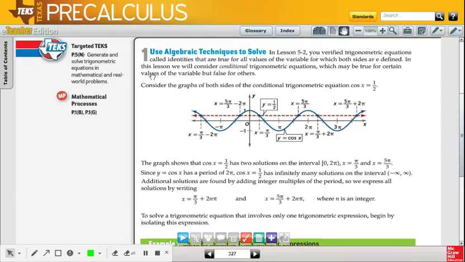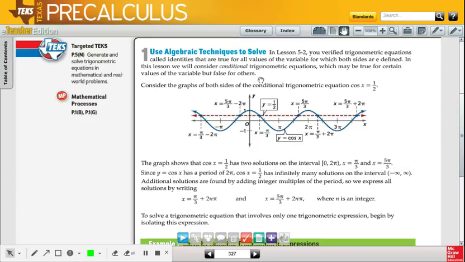In this lesson, we'll consider conditional trigonometric equations, which may be true for certain values of the variable but false for others. So what it means by that is that there are selective values for x that are true for the solution, while there are others that are not, depending on the given domain.